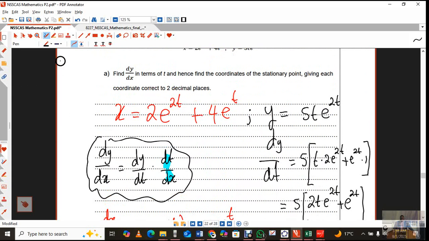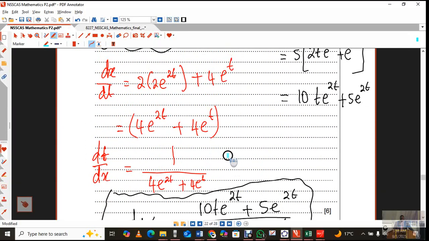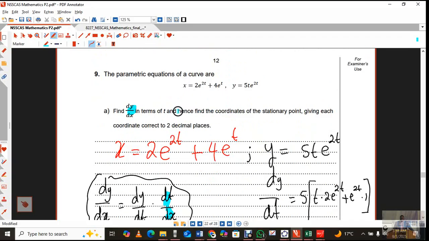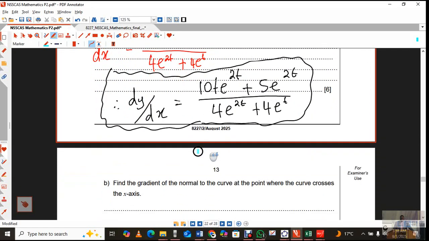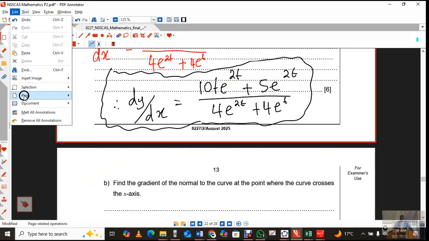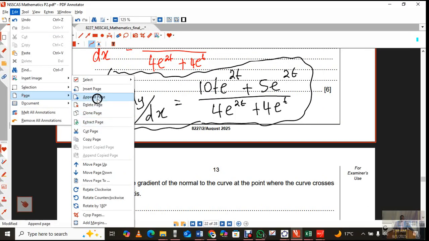The question says I only find dy/dx in terms of t. But then there's a second part that says, and hence find the coordinates of the stationary point. Then you give them correct to decimal places. Now the coordinate of the stationary point happens when dy/dx is equal to 0. So let's just include that page.